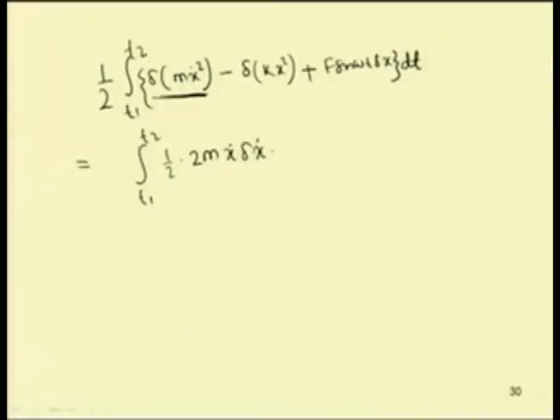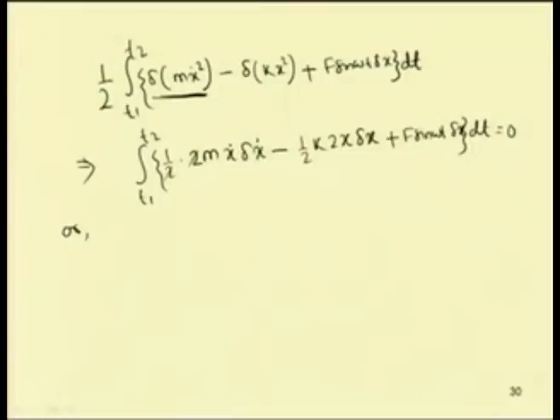Then minus half k into 2 x delta x, plus F sin omega t delta x, dt, equal to 0.